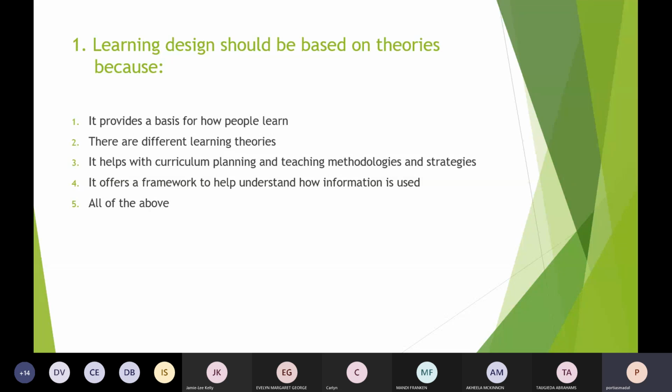Right. Danae, would you like to start for us? Georgia says all of the above. What do you say, Danae? Colleen, what do you think would be the appropriate answer? I would also say all of the above. All right. Thank you.